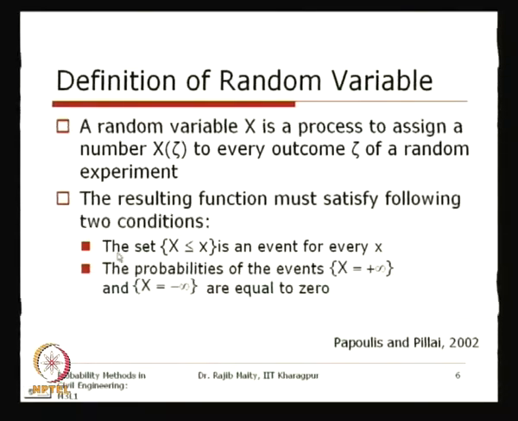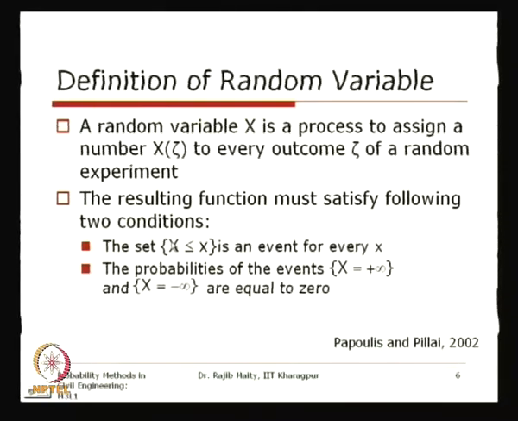The first condition is that the set {X ≤ x}, where the capital X is your random variable and the small x is the specific value, that is, the random variable below some specific value, is an event for every x. Whatever x you take, this should constitute an event.